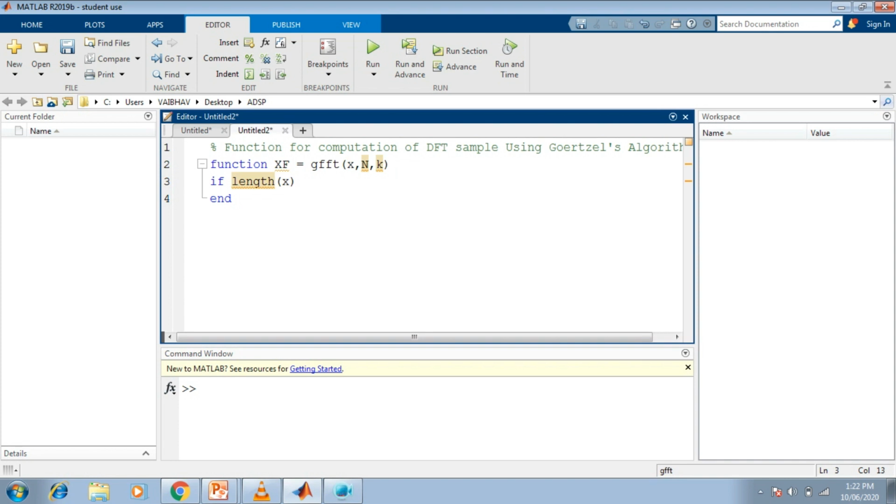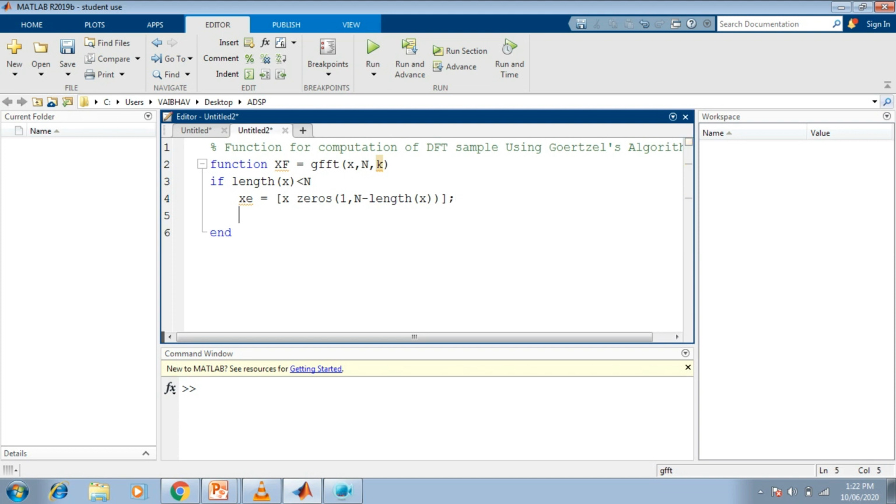So if the length of x is less than capital N, at that time we can have the definition of xe, the variable which holds the array x followed by the zeros, and to these zeros we provide the dimensions 1 comma capital N minus length of x, and again provide x to it as a function. We end it with a semicolon.